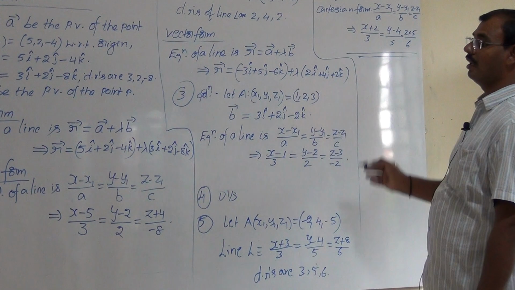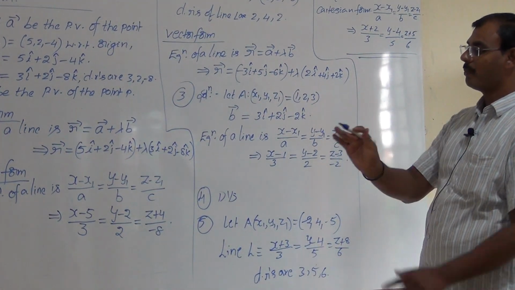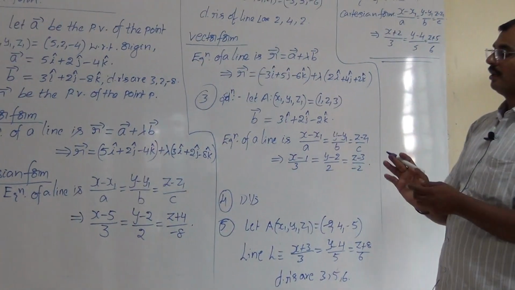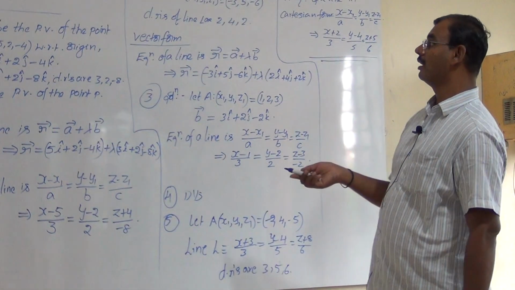This is the required equation of a line in Cartesian form. So parallel means the DRs are equal. If the DRs are equal, the lines are parallel.